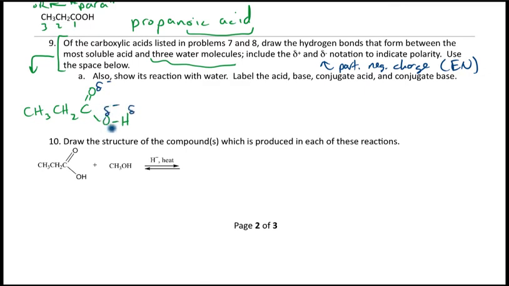So if it gains a little bit of extra electron density, creating a delta negative charge, then the atoms attached to it are going to have a delta positive charge. And it would go for the hydrogen there and the carbon. Now, for the purpose of this class, we really don't go any further than that. So we only focus on just the atoms connected directly, or bonded directly, to the electronegative atoms.